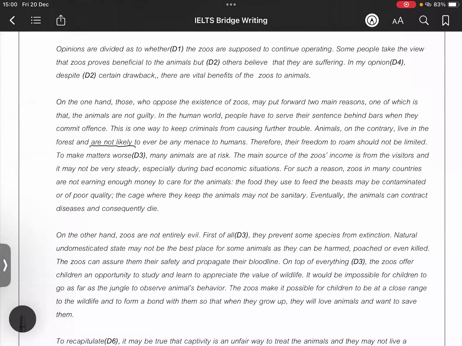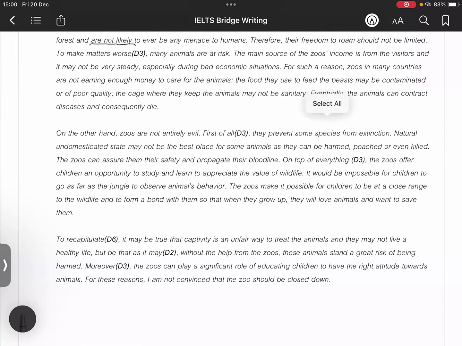What else? Maybe from the last paragraph, you'd say something like stand at great risk of. Okay.